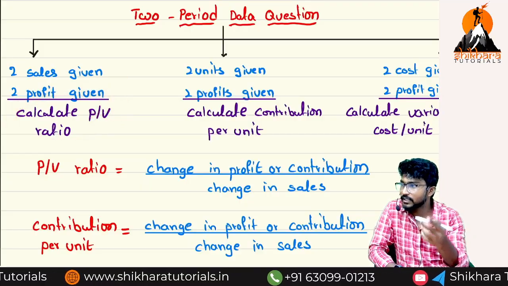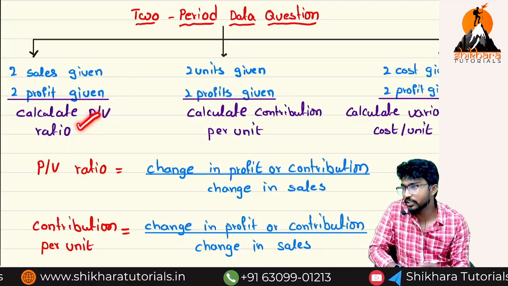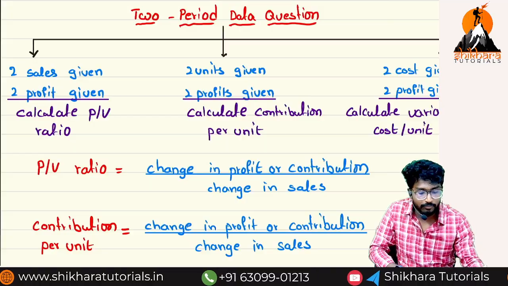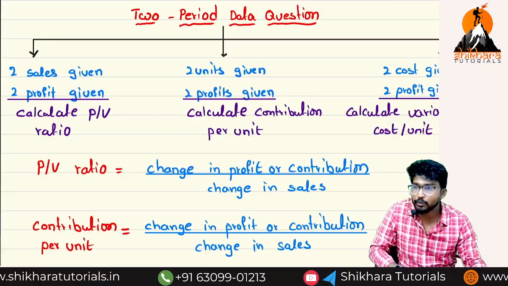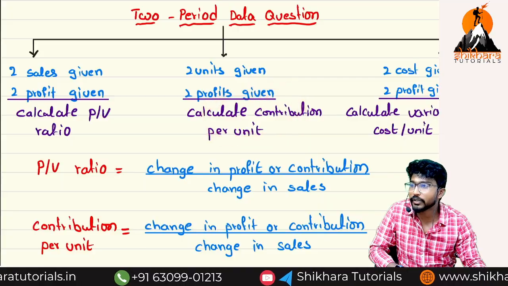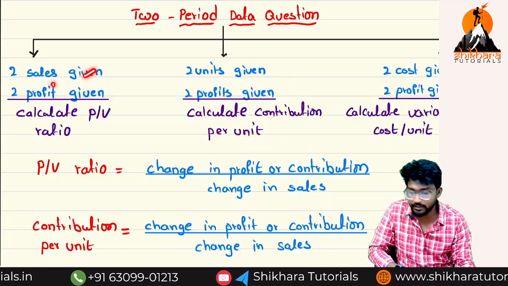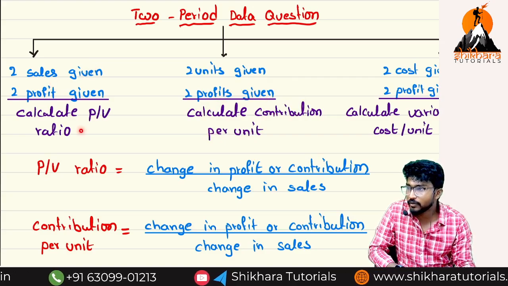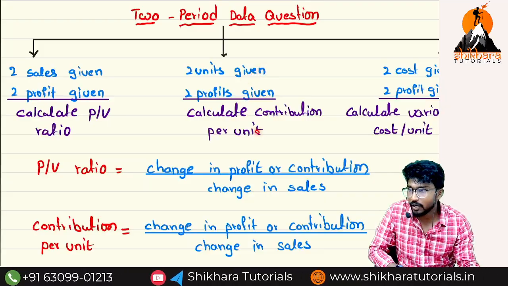If they give 2 years units and 2 years profit, it is possible to calculate contribution per unit. If sales in rupees are given, it is possible to calculate PV ratio. If units are given, it is possible to calculate contribution.